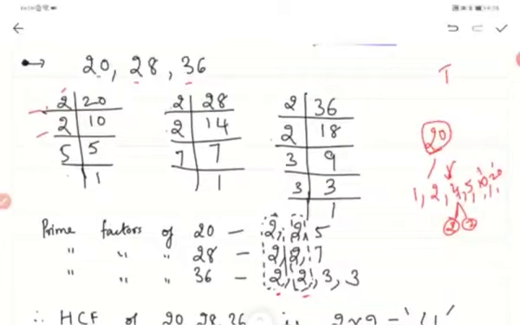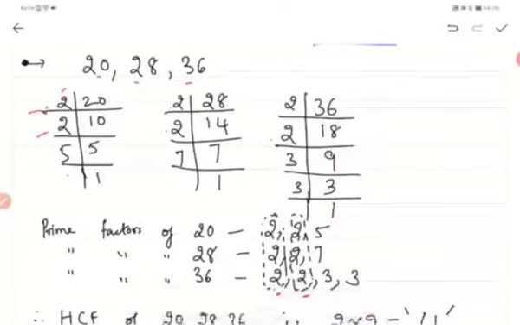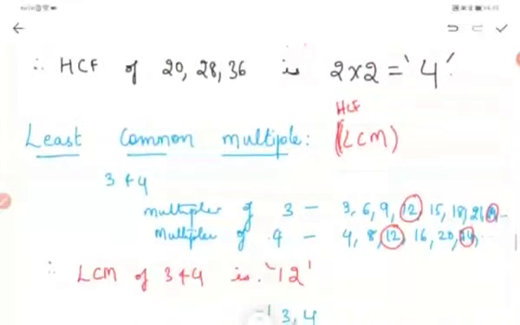You call it a prime factor whenever you cannot split that factor any more. So by using prime factorization, you can easily find your HCF by finding the prime factors of each number and taking the common factors from them.